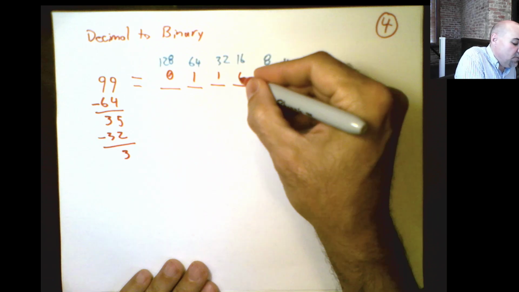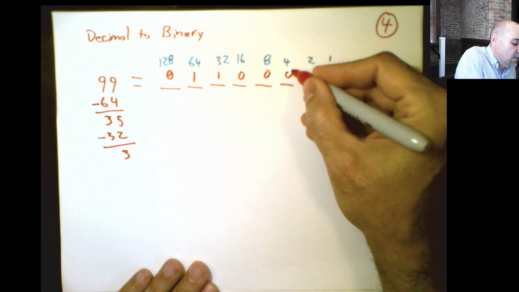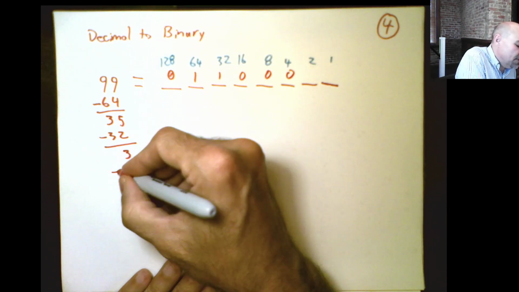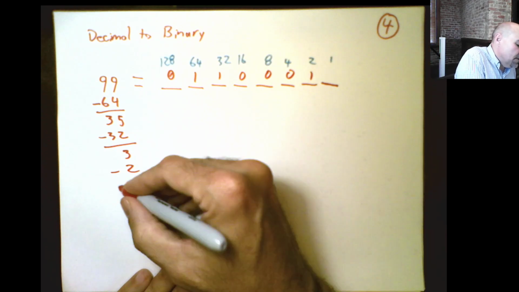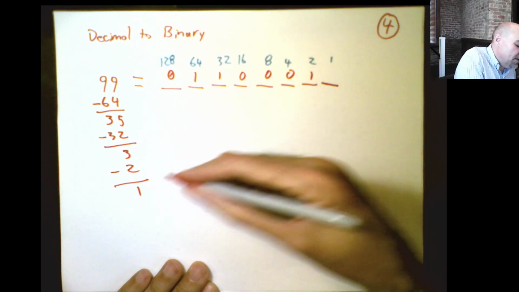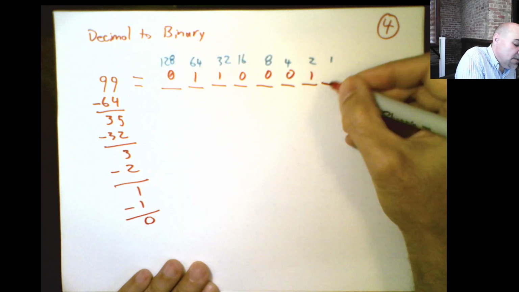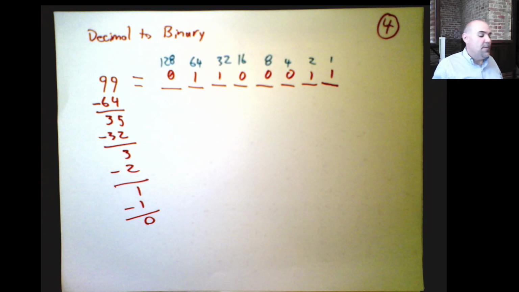So a 16 won't fit, an 8 won't fit, a 4 won't fit, but a 2 will. So minus 2 leaves 1, and then there's a 1 there, so minus 1, 0. So there's my bit pattern: 0, 1, 1, 0, 0, 0, 1, 1. And that becomes our answer.